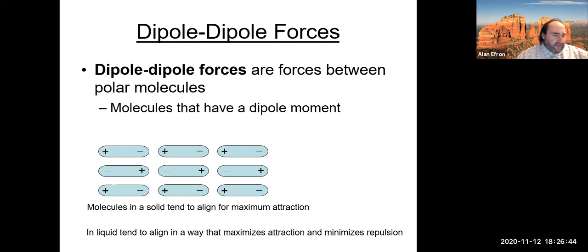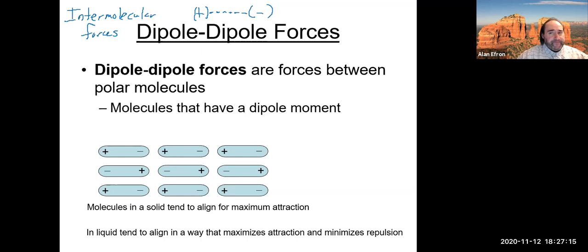And all intermolecular forces, regardless of the different types we're going to talk about, work pretty much the exact same way. They all really come down to a basic attraction between something positive and something negative, that electrostatic attraction, opposites attract, that holds it together.